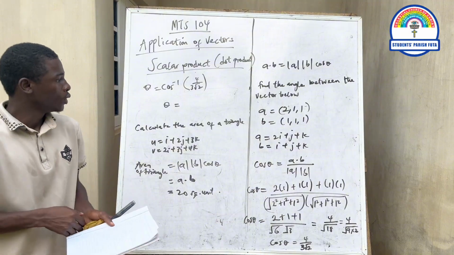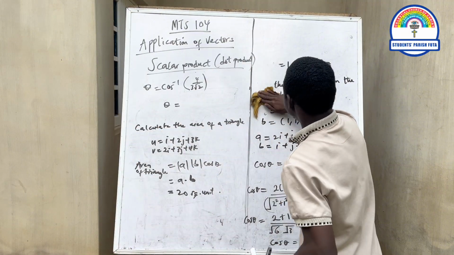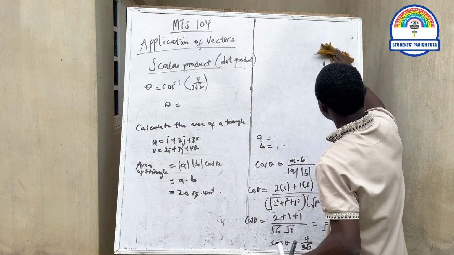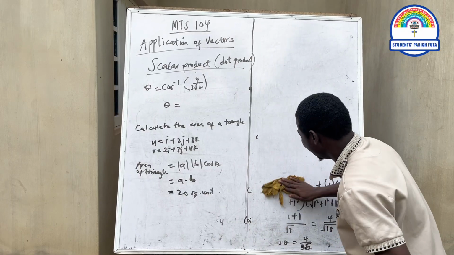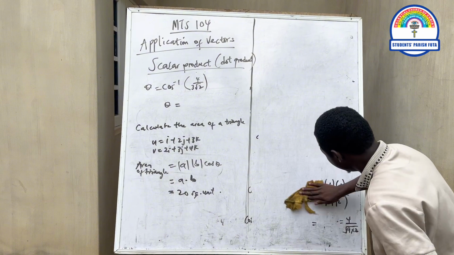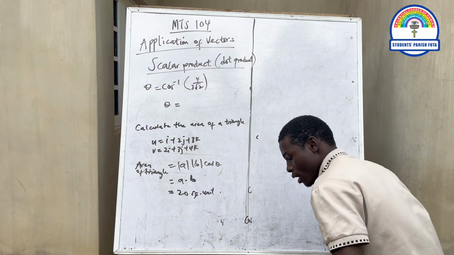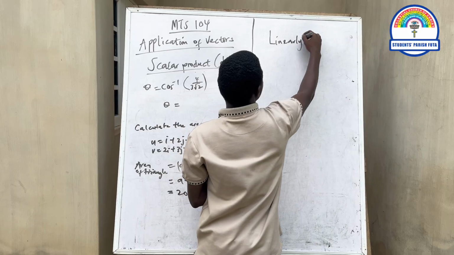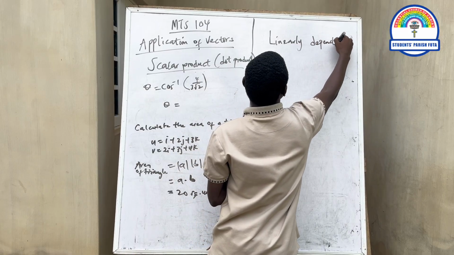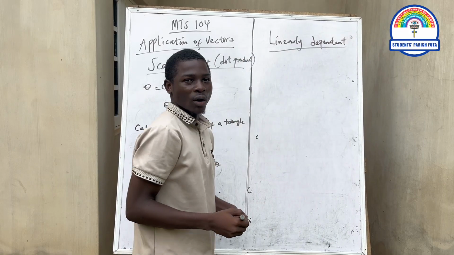Now we'll be going to linearly dependent and linearly independent. So if the question says are two vectors linearly dependent or not, what do you need to do?